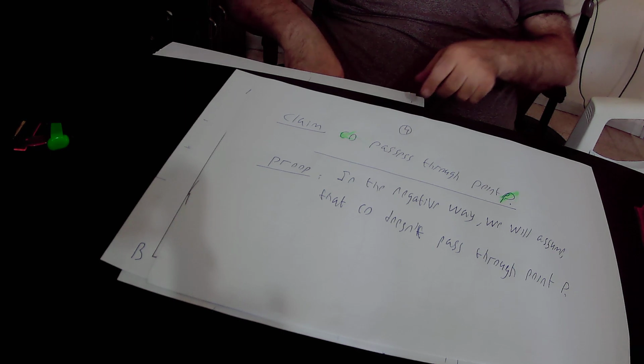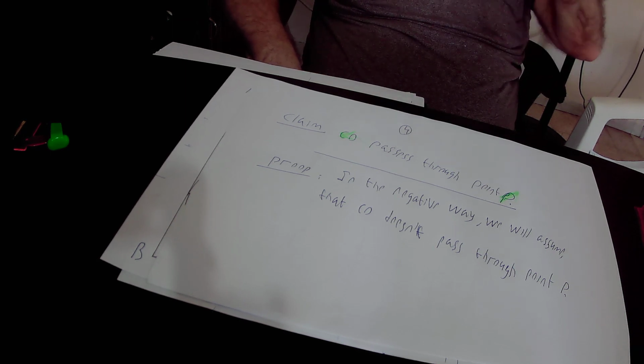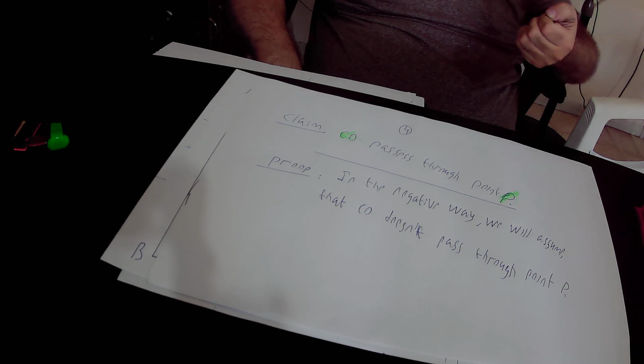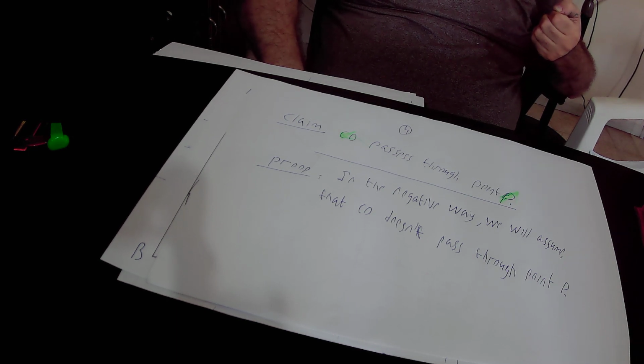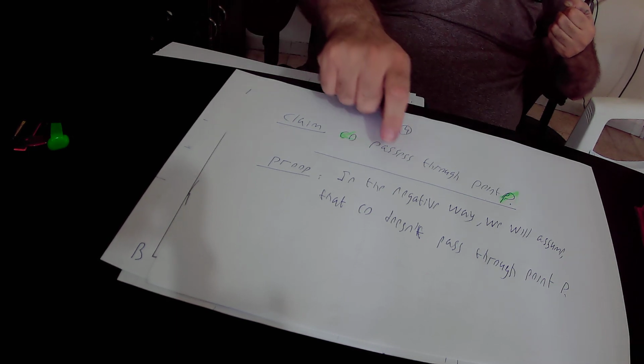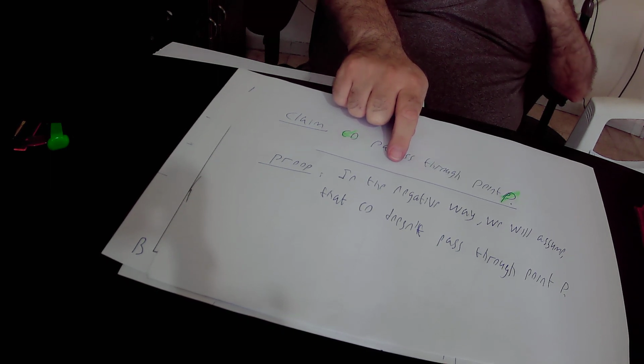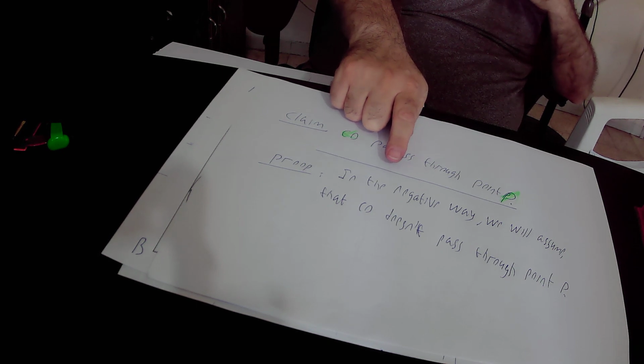We actually proved this claim in the negative way. That is to say, we assumed that CO doesn't pass through point P, and from that assumption we arrived at a contradiction.